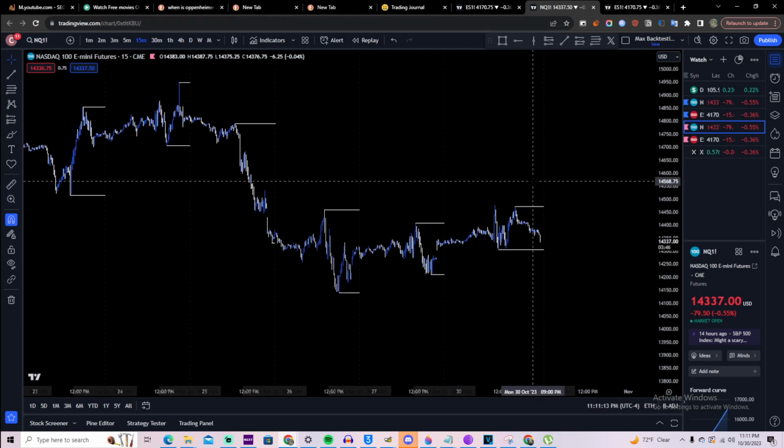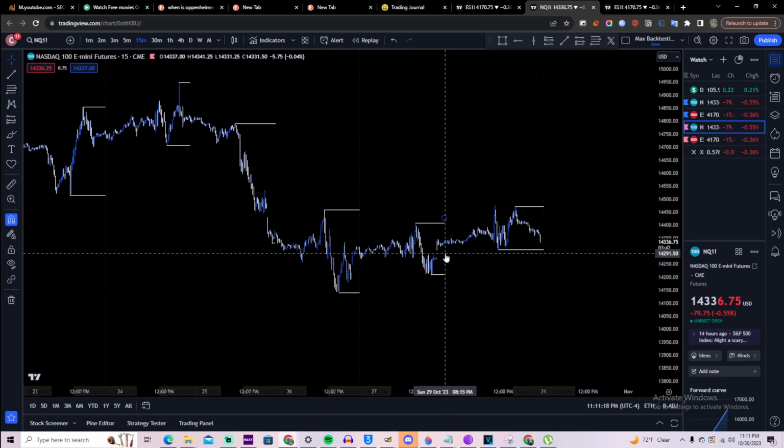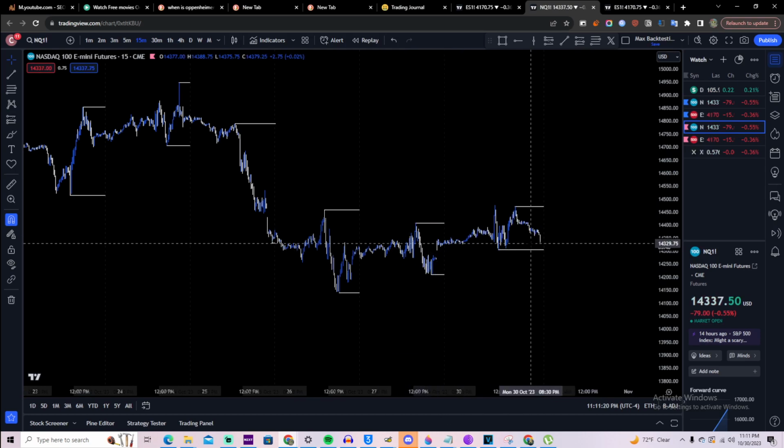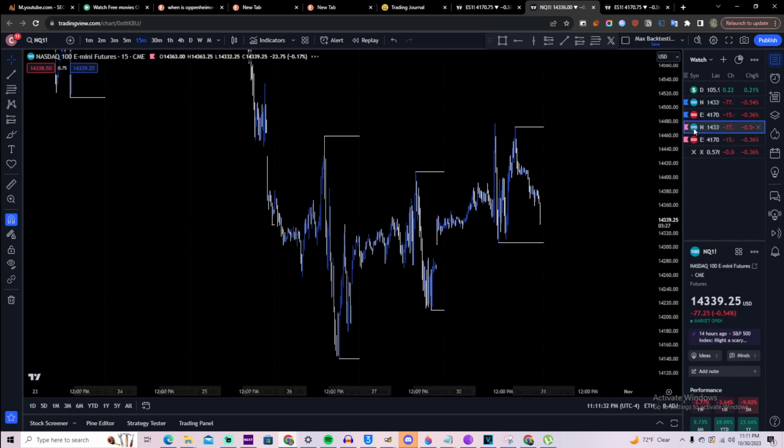So to wrap this up, the current idea that I have is that we are going to trade to that new week opening gap, which is a level of liquidity. We also have these relative equal lows lying beneath price, and we have those on both the ES and NQ. Same for the new week opening gap.